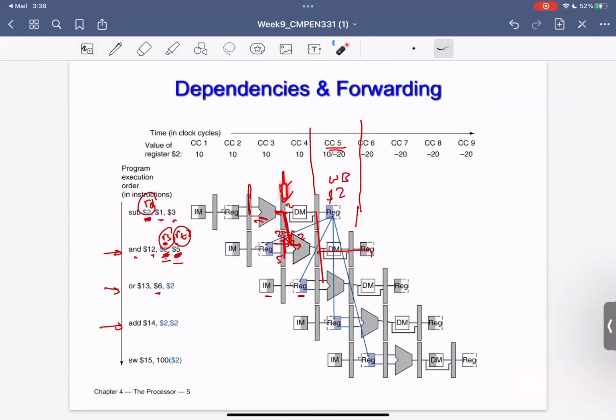If this RS and RT is equal to that RD, then I need to forward from here.